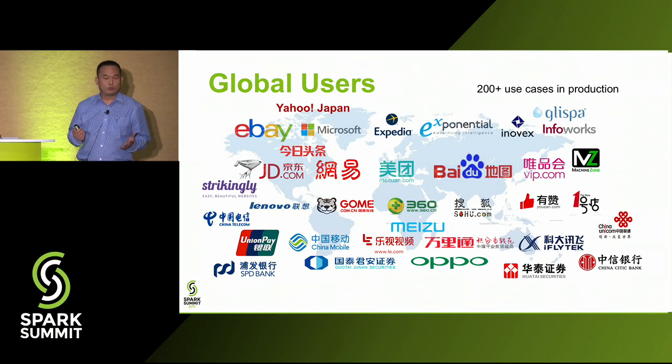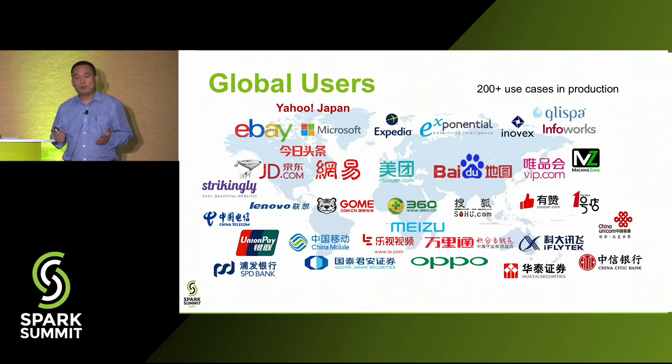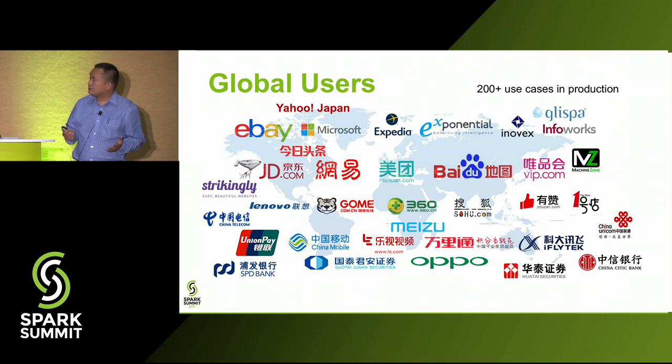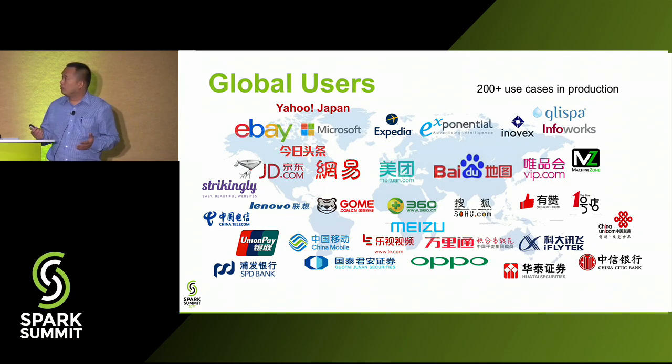You can find use cases from eBay, from Yahoo Japan, and from Germany, and many of them are coming from China. Most of them are big giants, say Baidu, NetEase, and Meituan, which is a top O2O company.